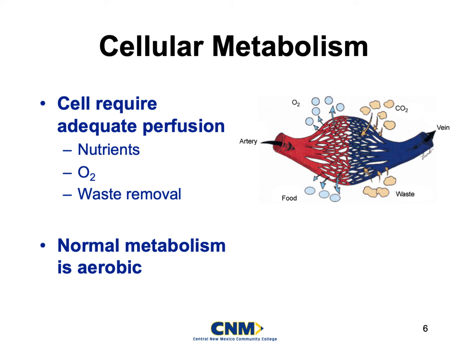Okay? Remember that normal metabolism is aerobic. All right? I'm not going to spend too much time on the actual aerobic and anaerobic, but I want to point this out to you guys. When we're talking about aerobic metabolism, we're talking about metabolism that has oxygen. Okay? If our cells are able to get oxygen, they produce something called adenosine triphosphate, or what we call ATP for short.